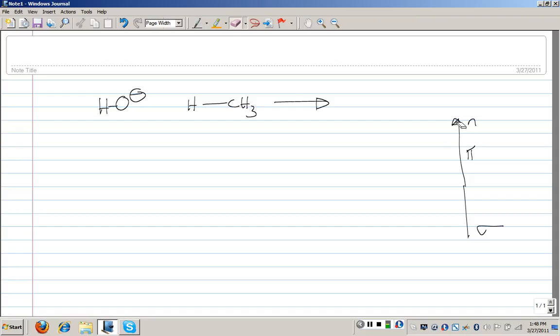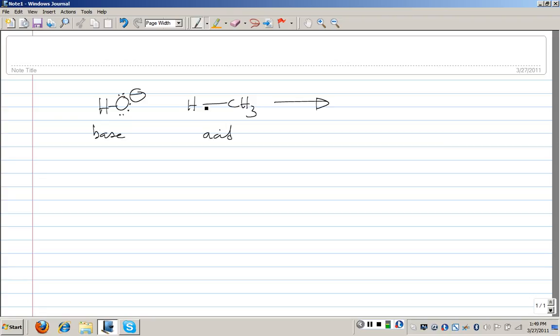Therefore, the only possibility is that hydroxide will function as a base, and methane can function as an acid. That's reasonable, right? Hydroxide certainly has 3 lone pairs of electrons and a negative charge, and therefore it fits our definition of a base. It's an electron-rich species.